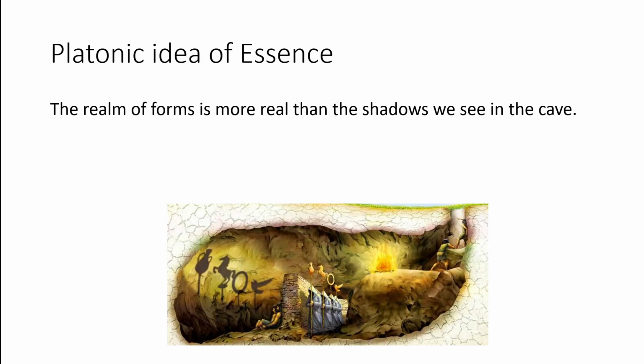So Plato, we've talked about Plato's allegory of the cave and how the people in the cave are living in the realm of shadows, that everything they see is a shadow.